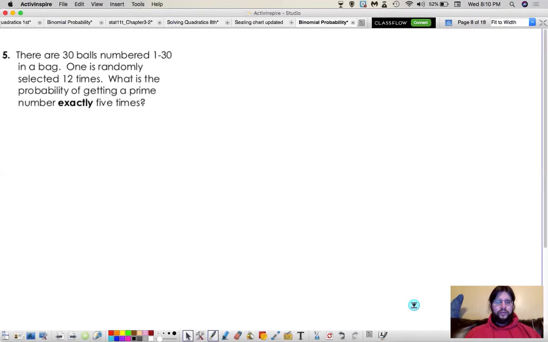Down next. Let's go through these real quick. 30 balls. One is randomly selected 12 times. What's the probability of getting a prime number exactly 5 times? Well, what are our prime numbers up to 30? Let's see.